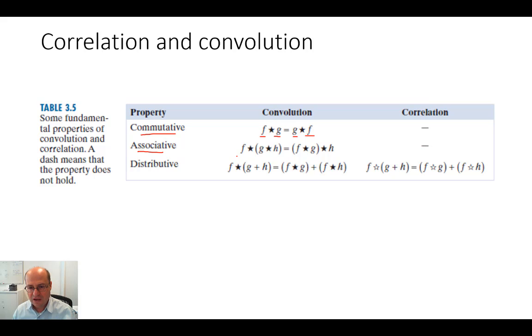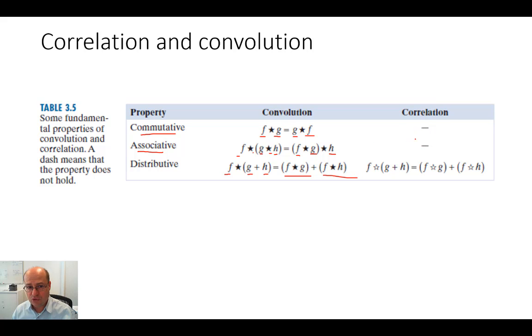It's associative, so the convolution of f with g convolved with h is the same as the convolution of f and g, convolved with h. And it's also distributive. The convolution of f with g plus h, where g and h are two convolutional operators, is the same as the convolution of f and g plus the convolution of f and h.